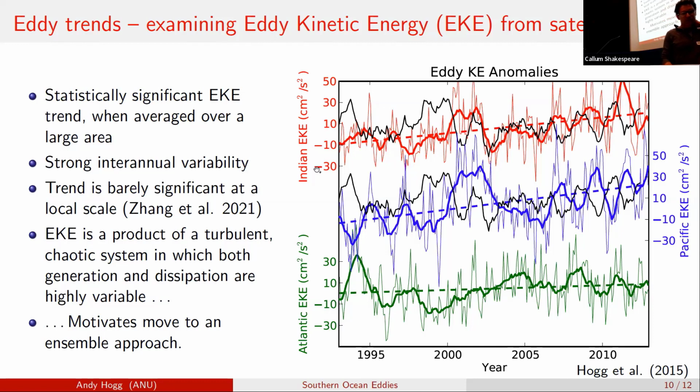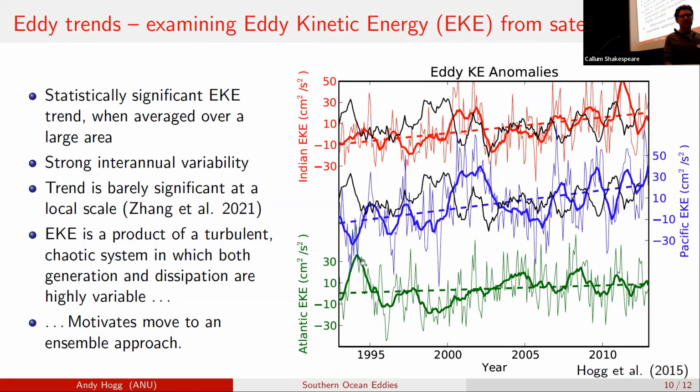More recent work looking at this trend tries to distill this trend down to more local regions and really argues that there's not very many regions where there's a strong trend in Eddy Kinetic Energy, and really calls into question these large-scale trends and what's producing them.